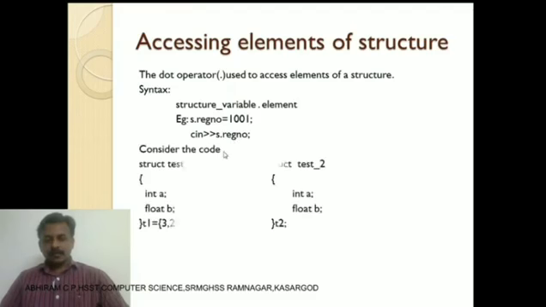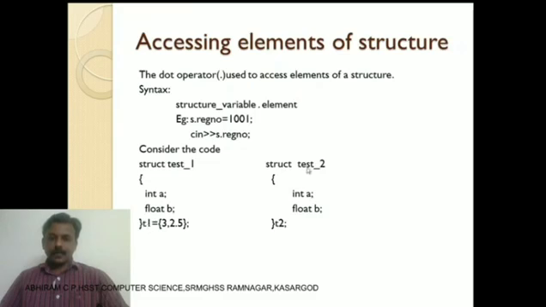Now consider this code. Struct test1, int a, float b, t1 equal to 3, 2.5. Test1 is the structure name. T1 is the structure variable.